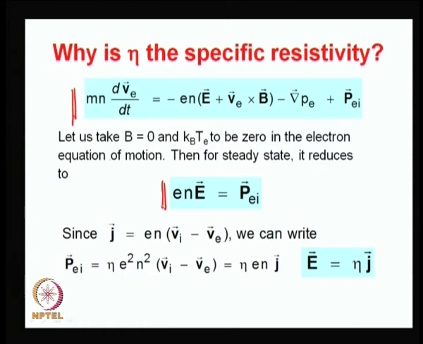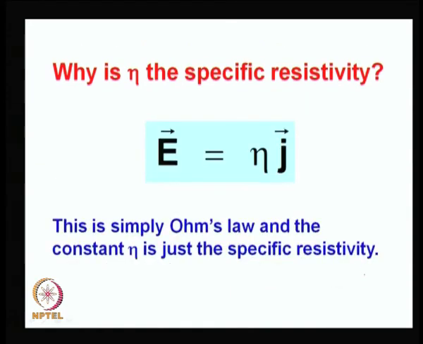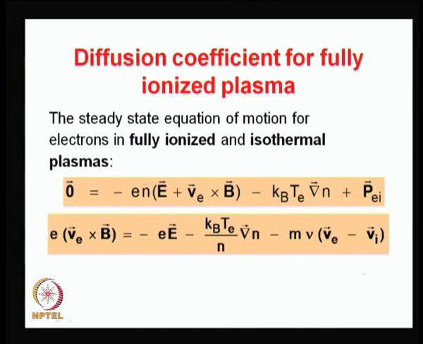And since J is e n (Vi minus Ve), we can write Pei is equal to eta e square n square (Vi minus Ve) equal to eta e n j, from where we get E is equal to eta j. This is nothing but Ohm's law, and so eta is nothing but the specific resistivity.